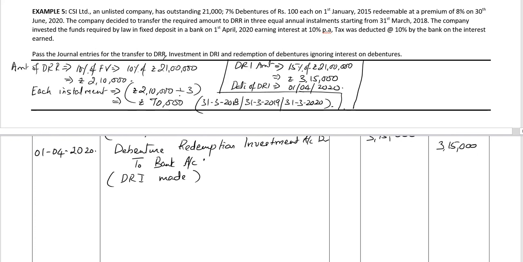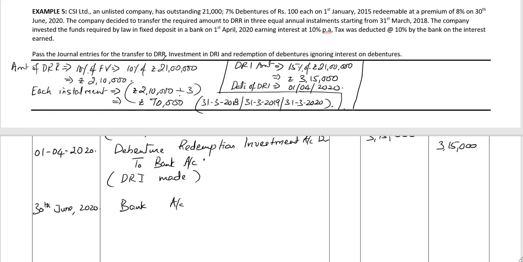We'll move on to the date of the redemption. It is 30th June 2020. First, we will sell the DRI. Bank account debit to debenture redemption investment account.